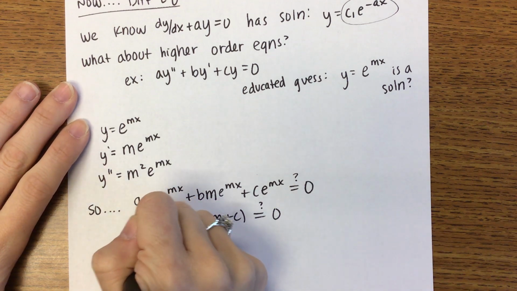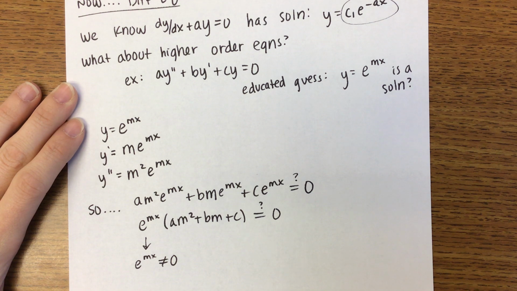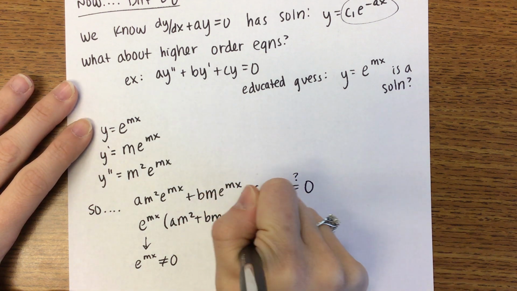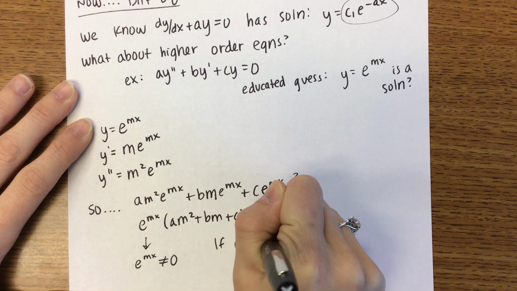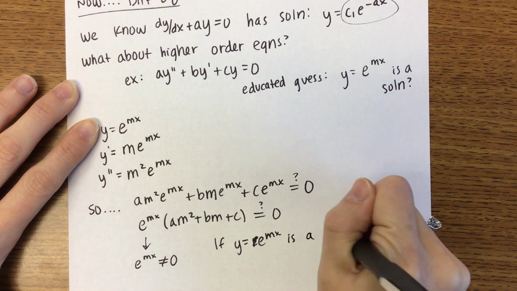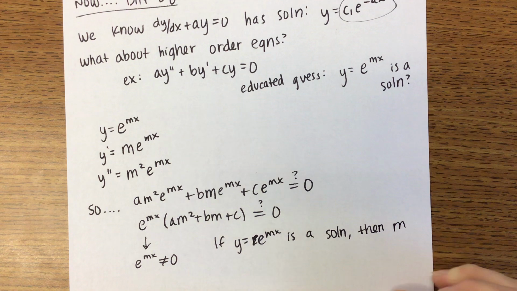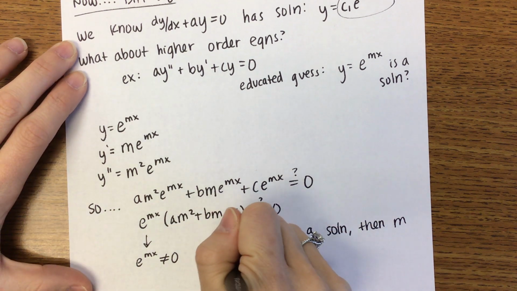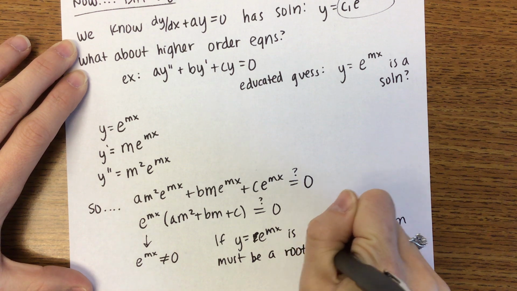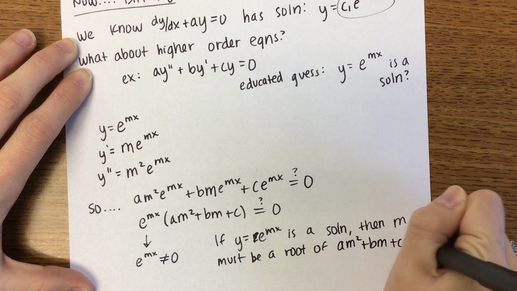Okay, we should be able to see that e to the mx is not going to be 0. So if e to the mx is a solution, then m must be a root of a m squared plus b m plus c equals 0.